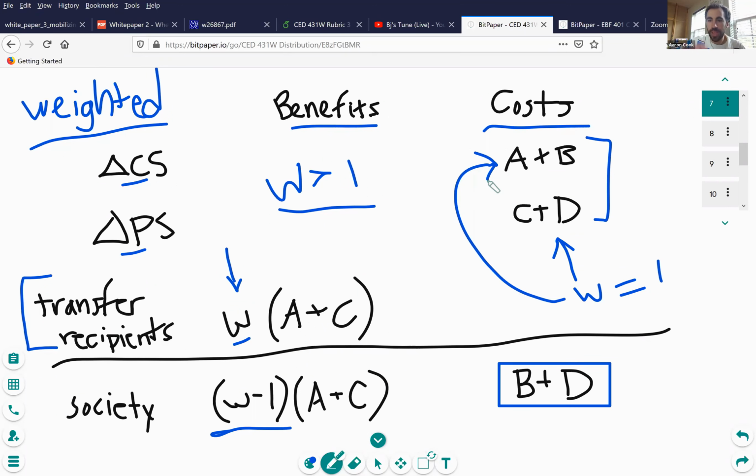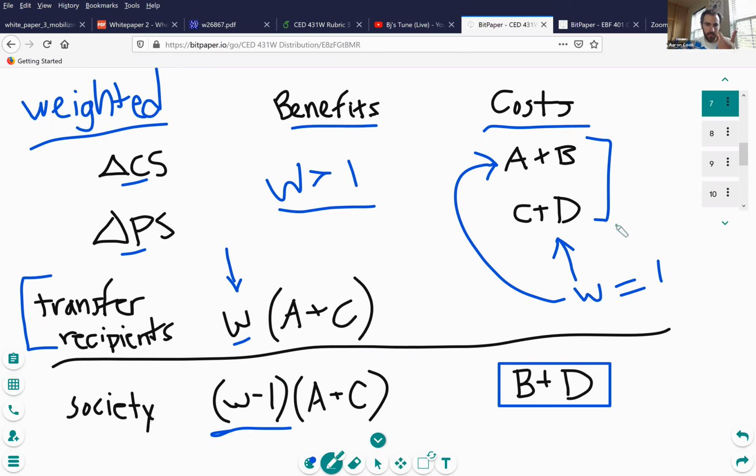Those are both getting a weight of 1, and so you'd have disaggregated groups here: one for consumers, one for producers, one for the transfer recipients, and those transfer recipients would then have this weighting factor applied to their receipts.